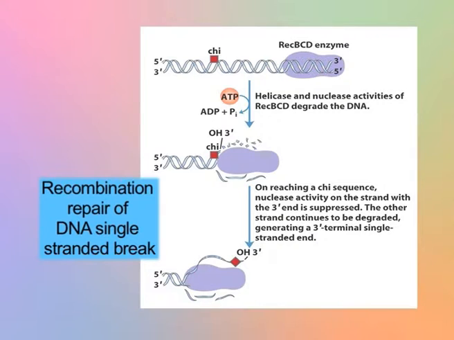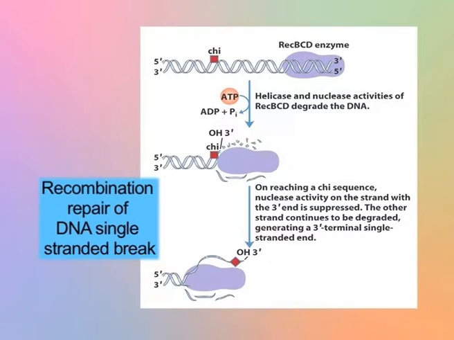So by helicase activity, it will unwind the DNA from the double-stranded end, and by exonuclease activity, it will start to chew up from the end, and it will first chew up the 3' end faster than the 5' end, and it will encounter a particular sequence called the chi sequence, GCTGGTGG from 5' to 3' end.